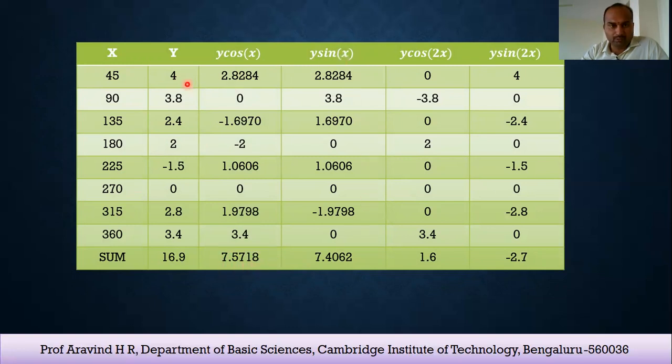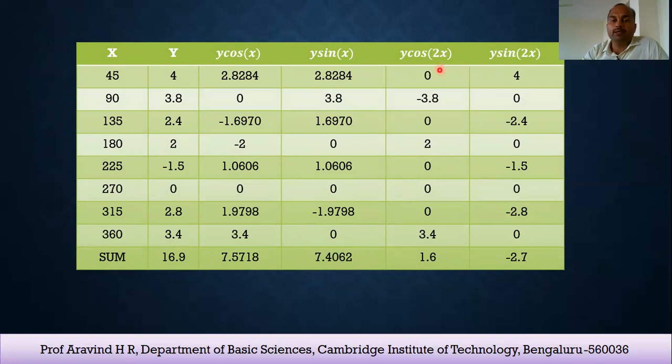Similarly, y sin x, y is 4 and sin 45 is 2.8284, and 3.8 into sin 90. Sin 90 is 1, so it will be 3.8. 2.4 into sin 135. Similarly, you calculate all the values till 3.4 into sin 360. The value is 7.4062. This is the sum. The sum of all these values will give us this one.